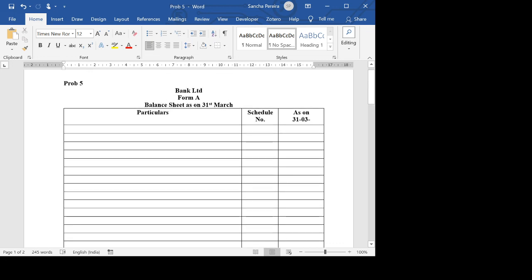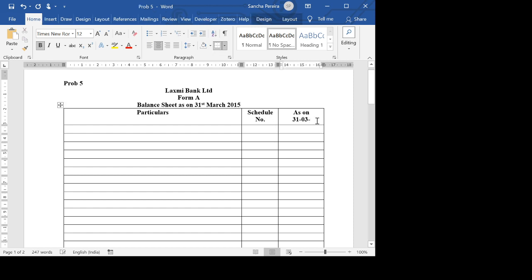So the first thing that we start with is name the bank. The bank is called Lakshmi Bank as on 31st March 2015. The first thing that we have is capital and liabilities. Under that, first item is capital. You can write down the items and then go and put in the figures.